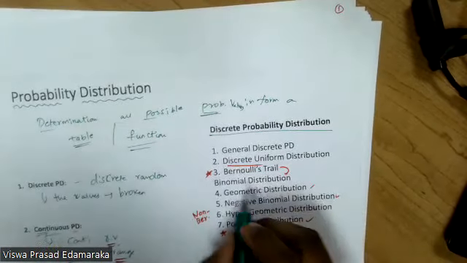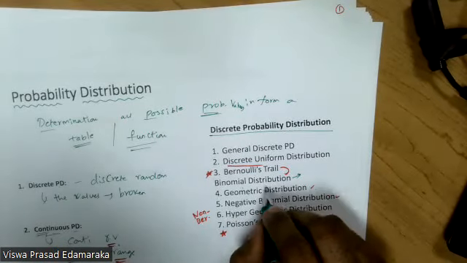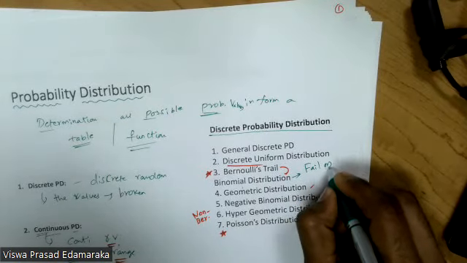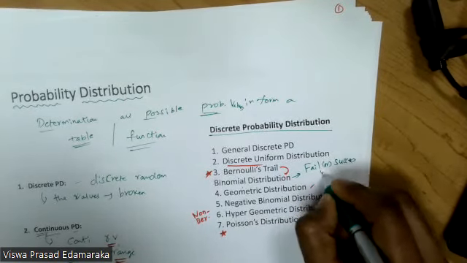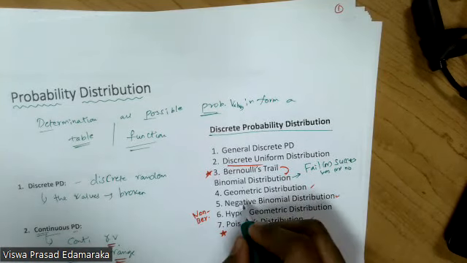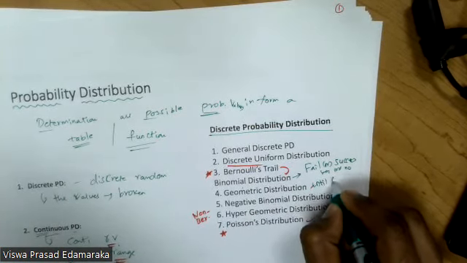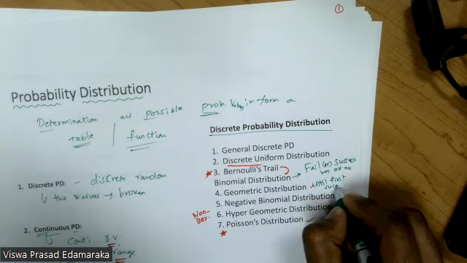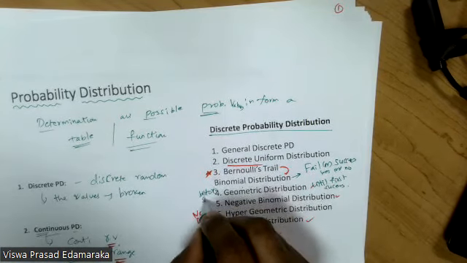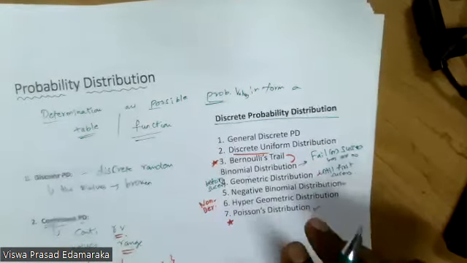I'll write keywords here. For Bernoulli trial, we apply binomial distribution. The keywords for binomial are either success or failure, or yes or no. Whereas geometric distribution is like until first success, or before success. These are keywords to identify geometric distribution.